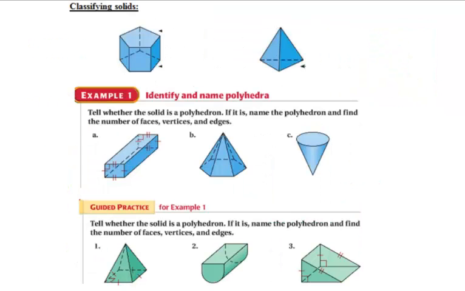Okay, to classify solids, we classify by the bases that they have. Here what we need to know is that bases are the parallel sides when we're talking about a prism.